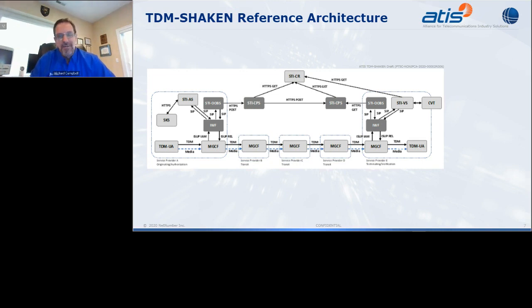And the call, even though it's been properly signed and taken care of, may arrive at termination without that signature. So the TDM SHAKEN architecture can really be used not just for TDM, but also as an insurance policy against TDM transport in the middle of two SIP communicating entities. So that's the general look at the architecture for IP and TDM STIR/SHAKEN.